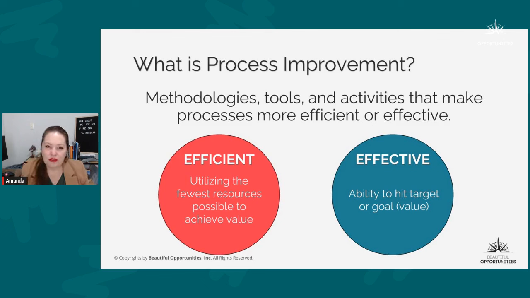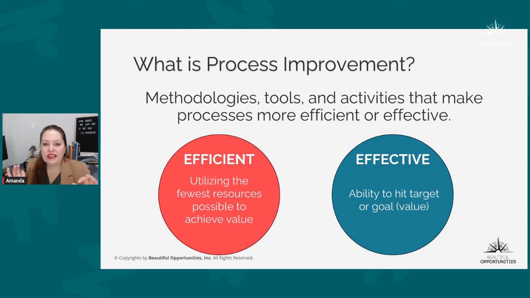So if I think about the grocery store, I can make that process more efficient. Maybe I order my groceries online, I go to the grocery store, they put it straight into my car, and I'm able to drive away. So now I've taken that to the fewest steps that I can, to use the fewest amount of resources that I can to achieve my goal.